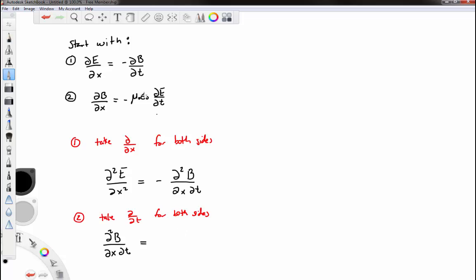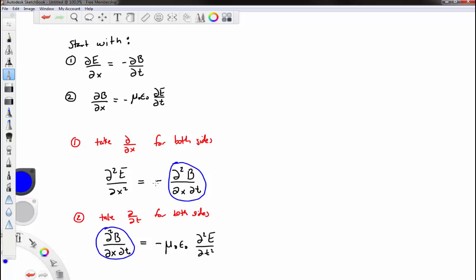And then on the other side, we take the derivative of this with respect to t. These two are fundamental constants, so they stay outside the derivative. And so you end up with d squared E by dt squared. Now we notice that this term in this equation and this term in this equation are the same term, other than a minus sign here and no minus sign here.